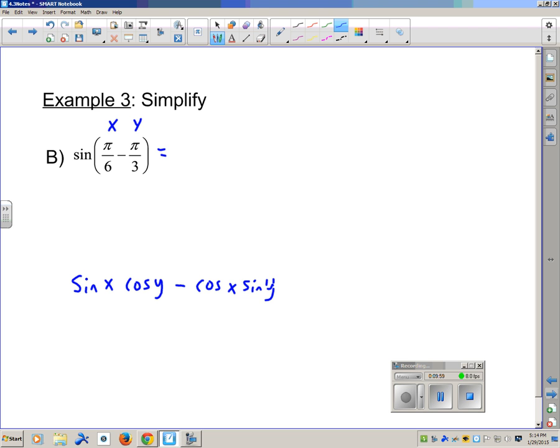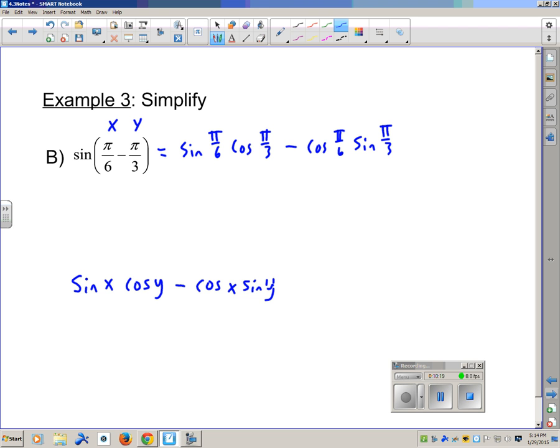So the sine of pi over 6, and this says the cosine of pi over 3 minus cosine of x and the sine of y. And the y there is pi over 3.